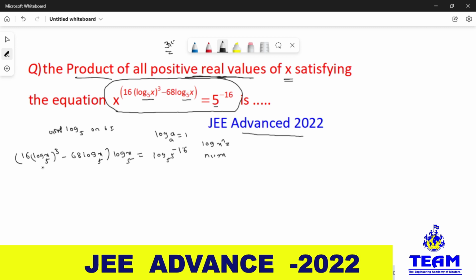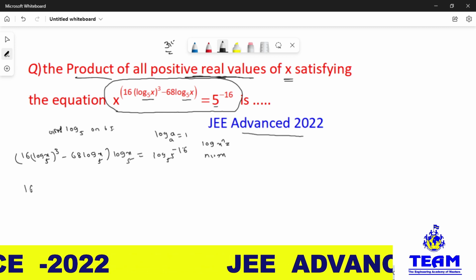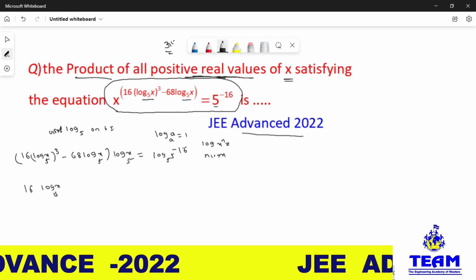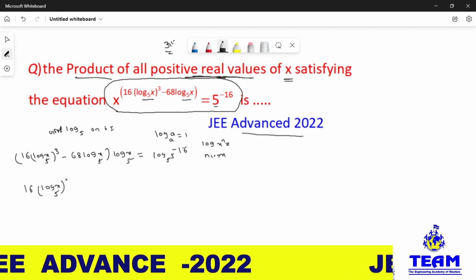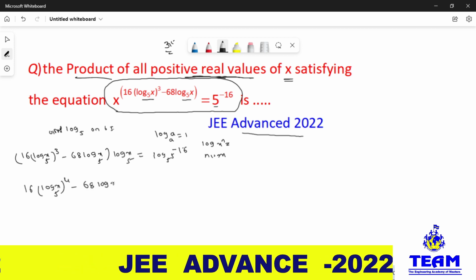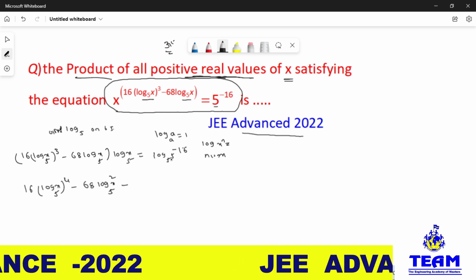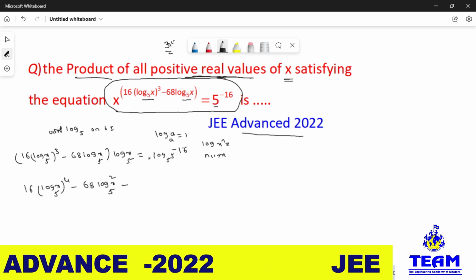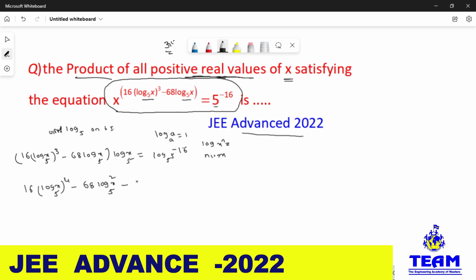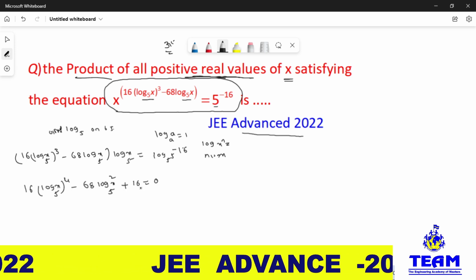Now multiplying log x base 5 inside, we have 16 times (log x base 5) to the power 4 minus 68 times (log x base 5) whole square, and on the right the power comes in front, so minus 16. Bringing it over, plus 16 is equal to 0.